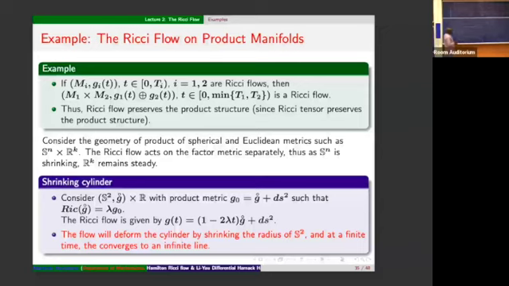In fact, let's give an example to see what I'm saying. Suppose I have a picture like that. Suppose you have S2 cross R. This is a cylinder. The Ricci flow on the line, we said, is steady, it doesn't change.